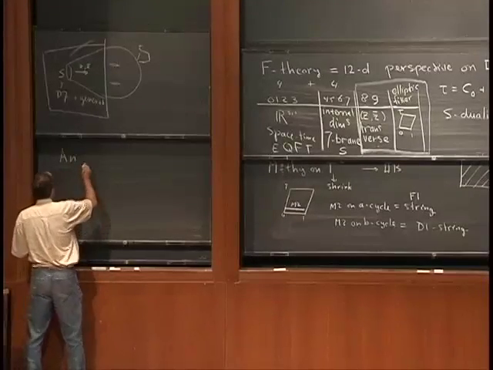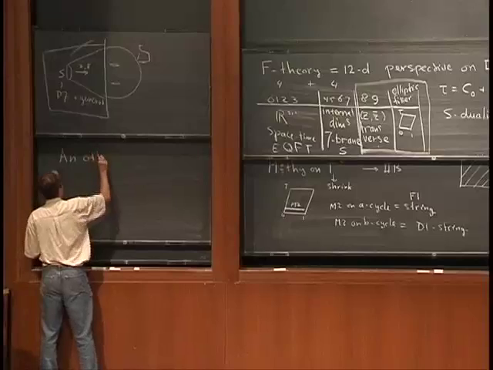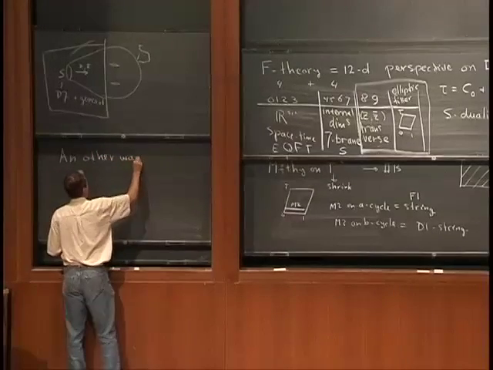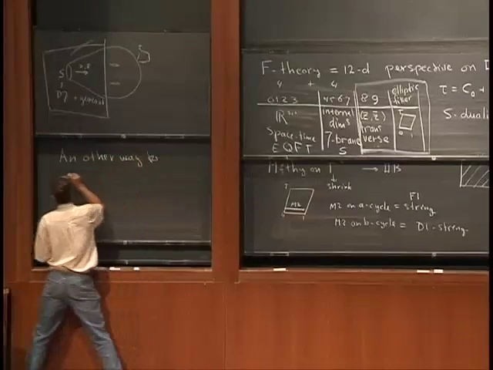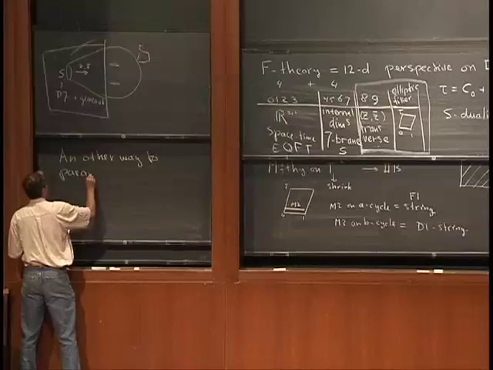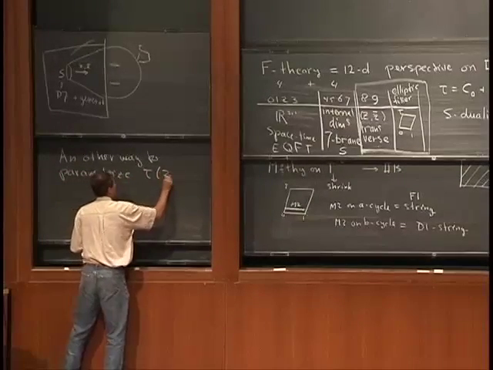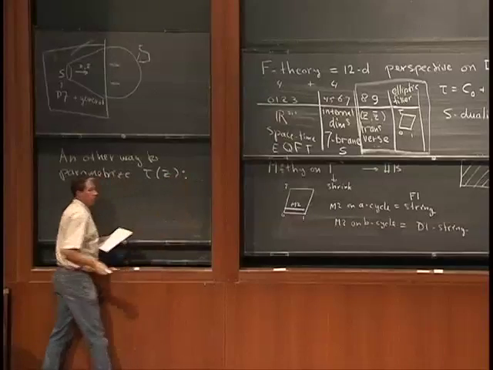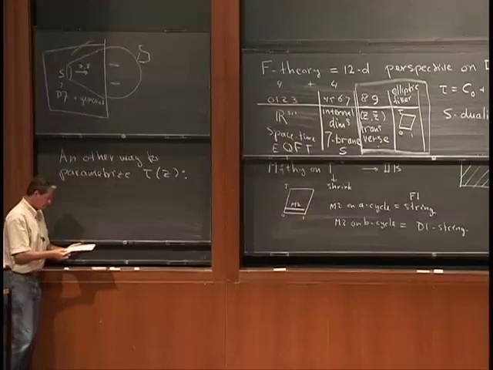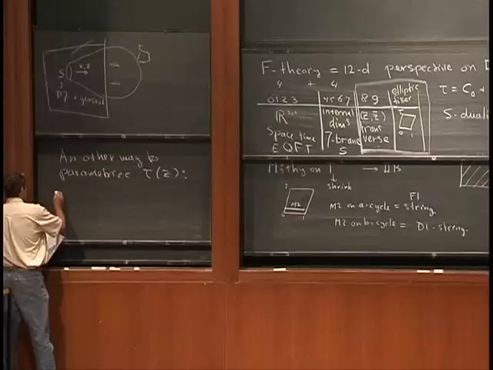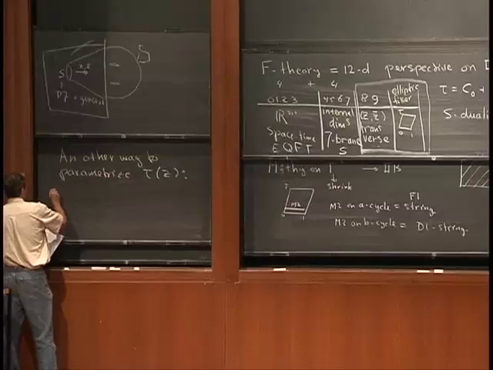Okay, so another way to parameterize tau as a function of z, we can do the following.